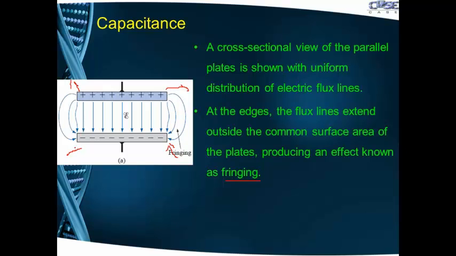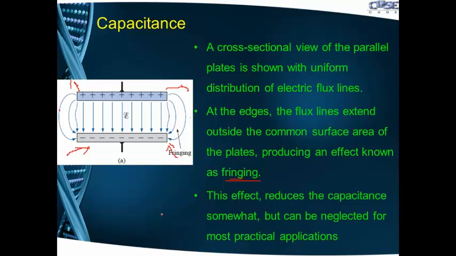So here as well there is an electric field at the edges, but more field would be within the plates, and a very small percentage of the electric field is established at the edges. This effect is known as fringing. It reduces the capacitance somewhat, but can be neglected for most practical applications.